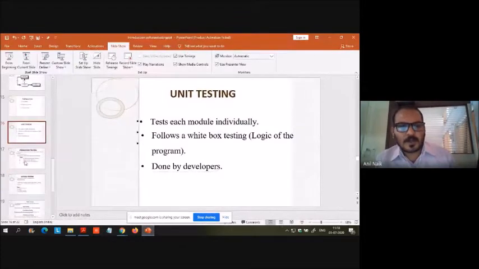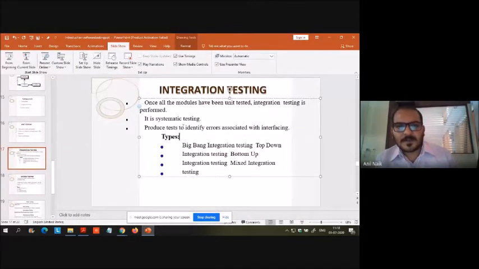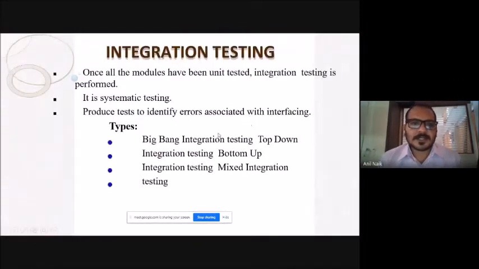Then integration testing. Once all the modules have been unit tested, integration testing is performed. First we go for unit testing, then after that integration testing is performed.